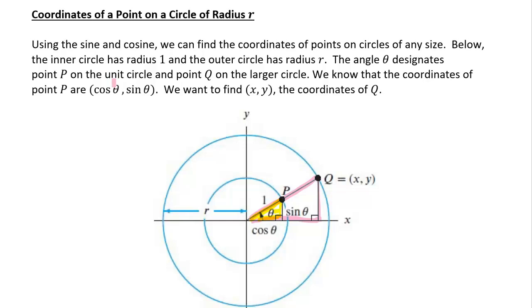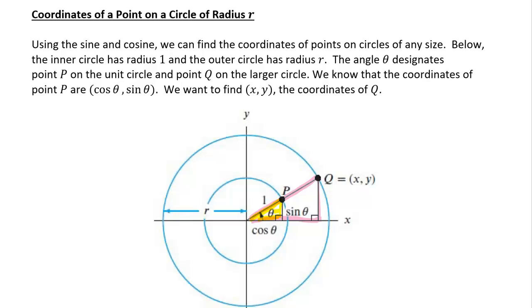We can see that all of the angles have to be the same because two of them are the same. They share the angle theta, and they both have a right angle, so that means the third angle also has to be the same. So anytime all the angles of a triangle are the same, then those triangles are similar and they have the same ratios as their sides.